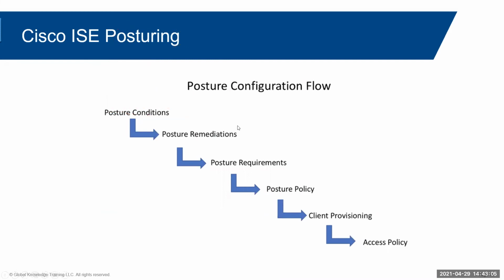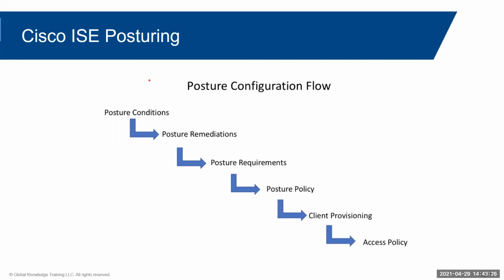Let's say as an example, the user can log in, they got the right username and password, but do they have a virus on the laptop? Logging in, we wouldn't know. We just know they got the right username and password. But what if they have a virus on it?